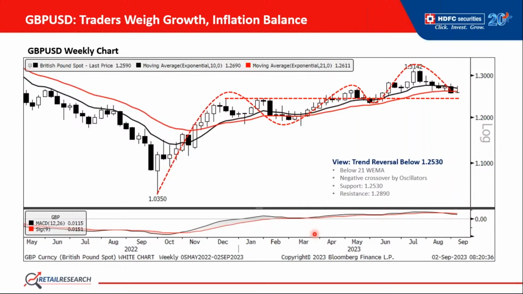So, looking at the historical price action and the oscillators, we believe that one should remain on a positive side, and the trend reversal can be seen only below 1.2530. On the resistance side, 1.2890 remains the immediate resistance, and crossing of the same will lead to the 1.31 kind of a level.